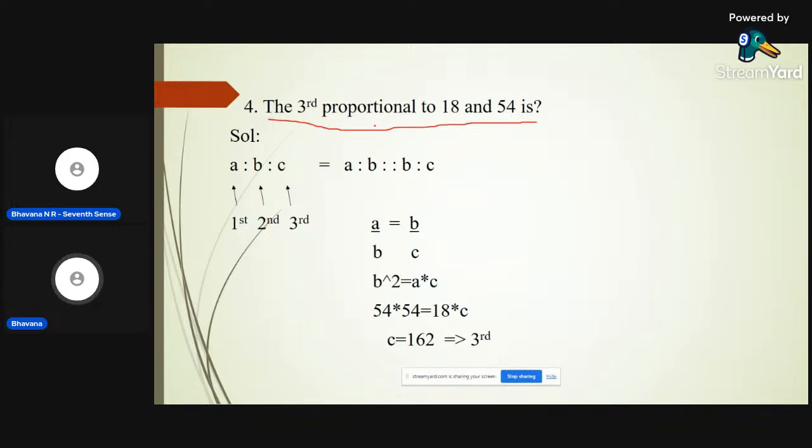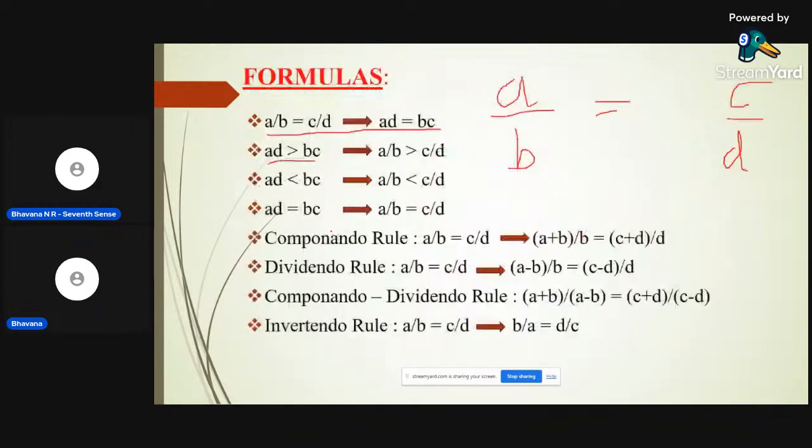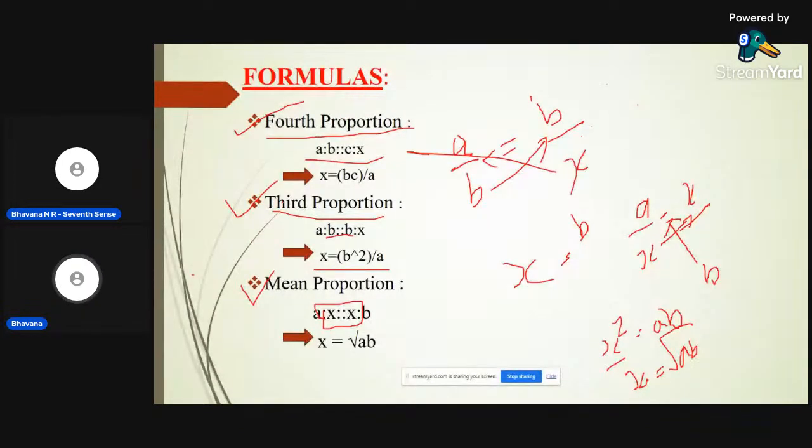So here we need to find the third proportion. Let's see the third proportion formula. In third proportion, two values are the same, which means the proportion value should be the same.